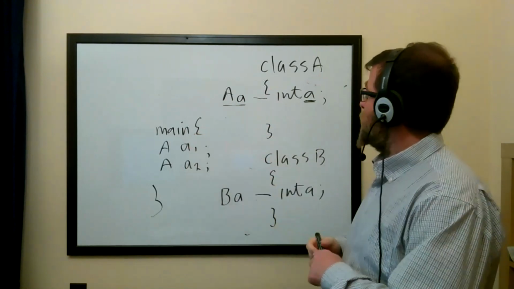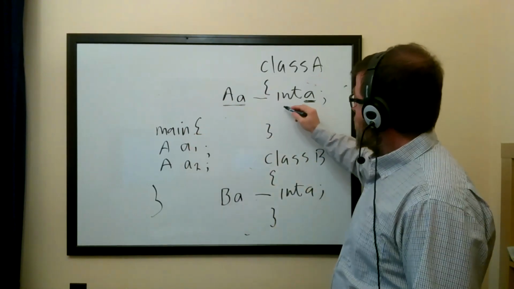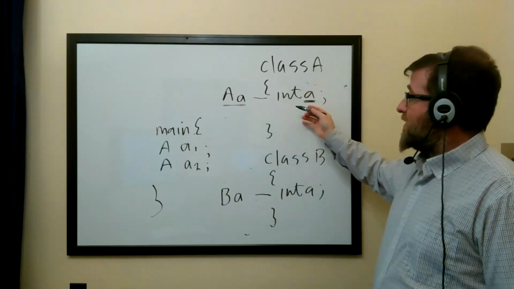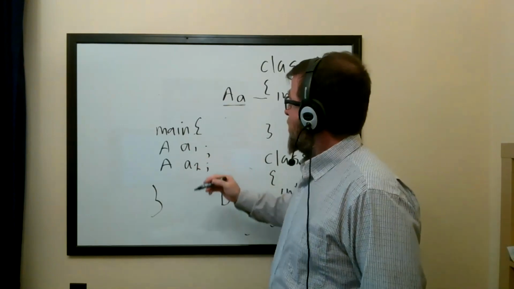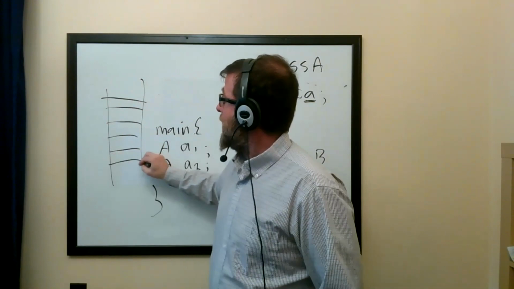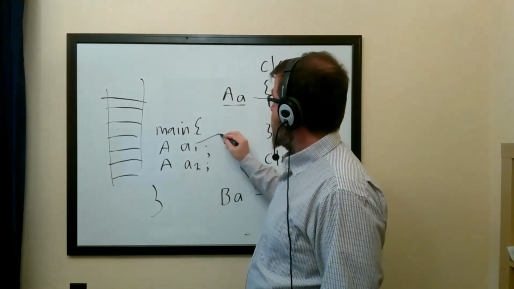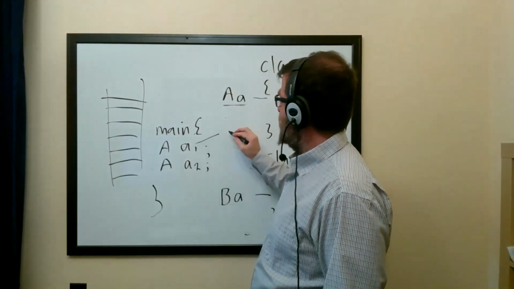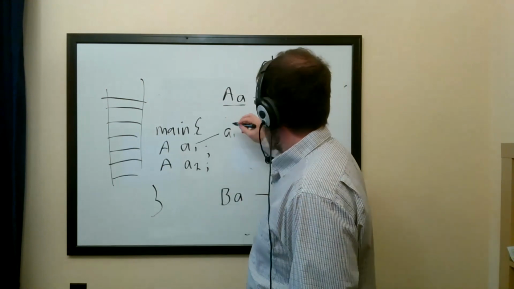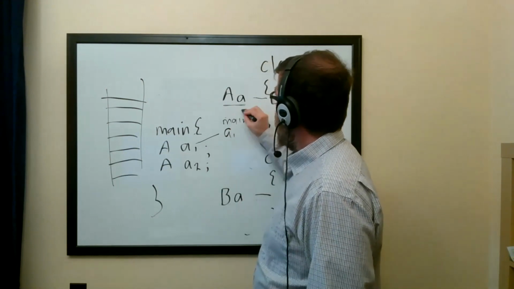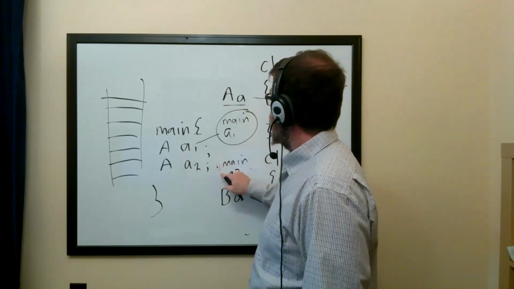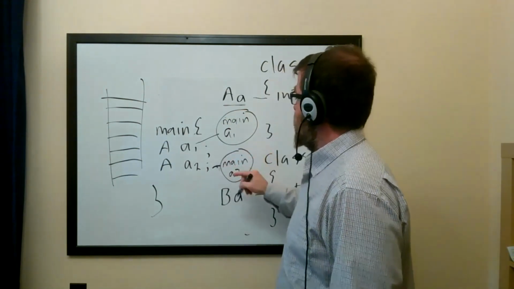So you need to be able to refer to each of the different members of a class by using offsets. For example, in the computer's memory for this program, you can refer to this as main A1, and this is main A2, as a tag label.